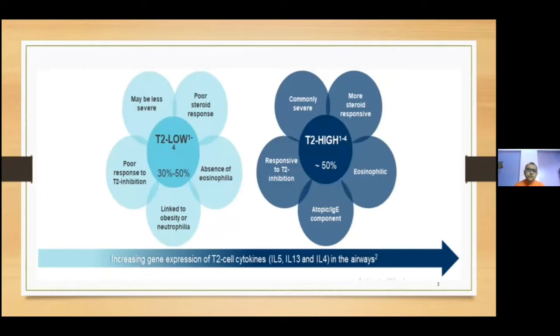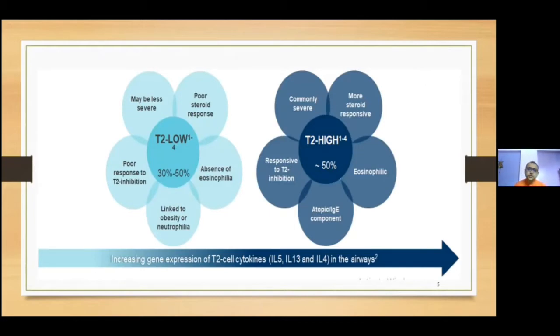Generally in our population, most of the asthmatic patients have T2 high asthma. The studies suggest that around 50% of the asthmatic patients are suffering from T2 high asthma, but there are controversies. Some authors suggest this number is more than 50%.